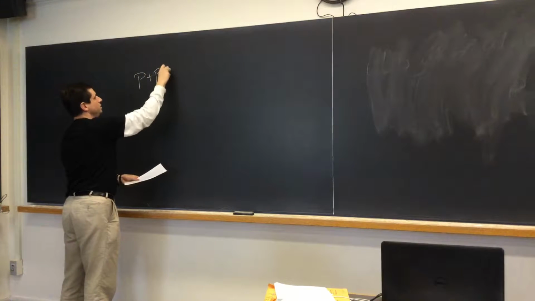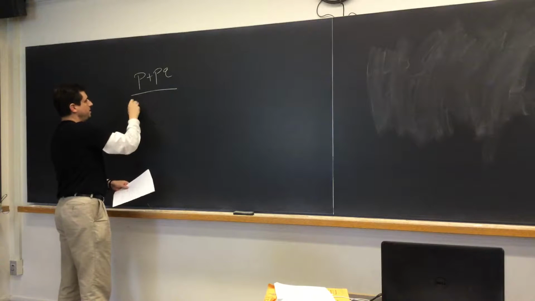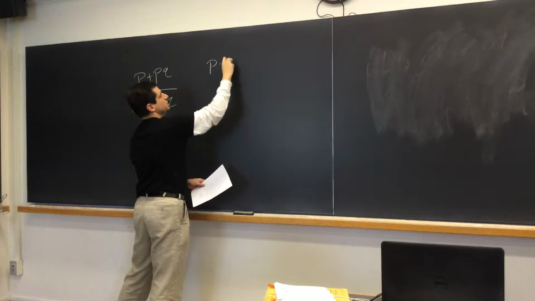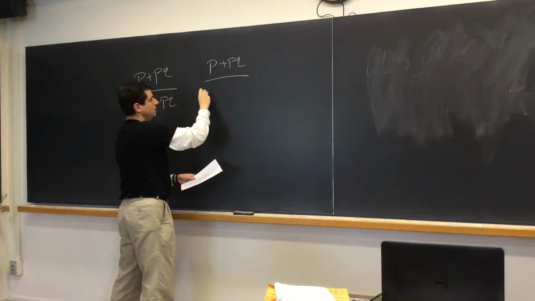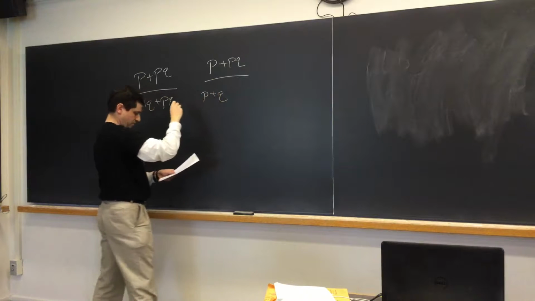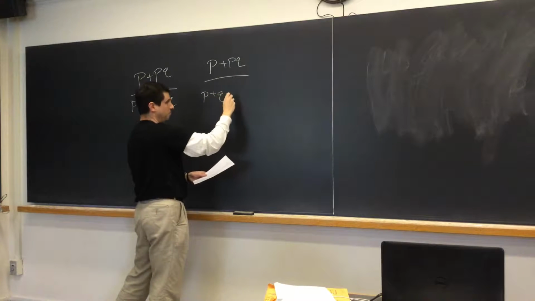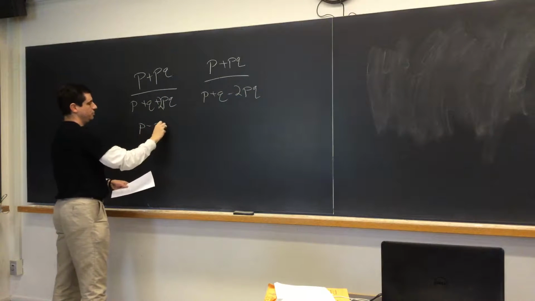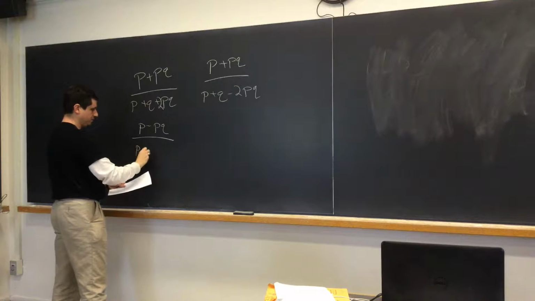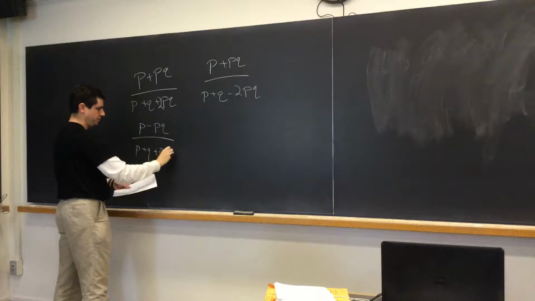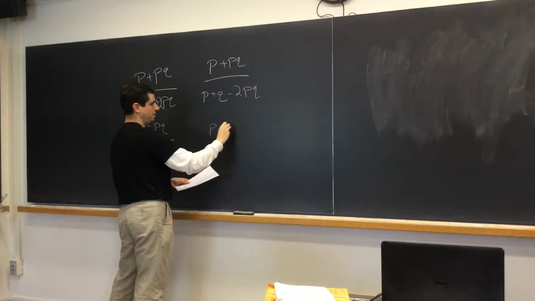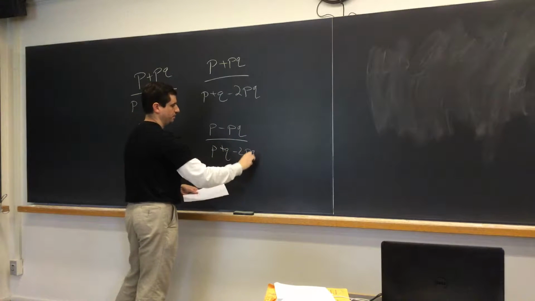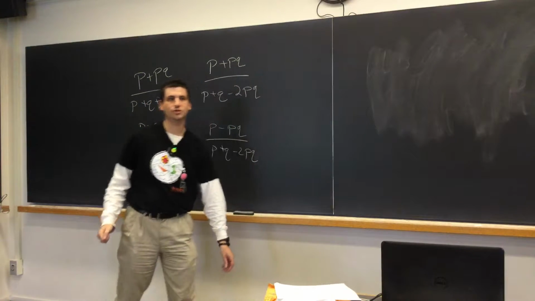P plus PQ over P plus Q plus PQ, P plus PQ over P plus Q, I wanted a 2 here, minus 2PQ, P minus PQ over P plus Q plus 2PQ, and P minus PQ over P plus Q minus 2PQ. Okay, so there are four formulas on the board.